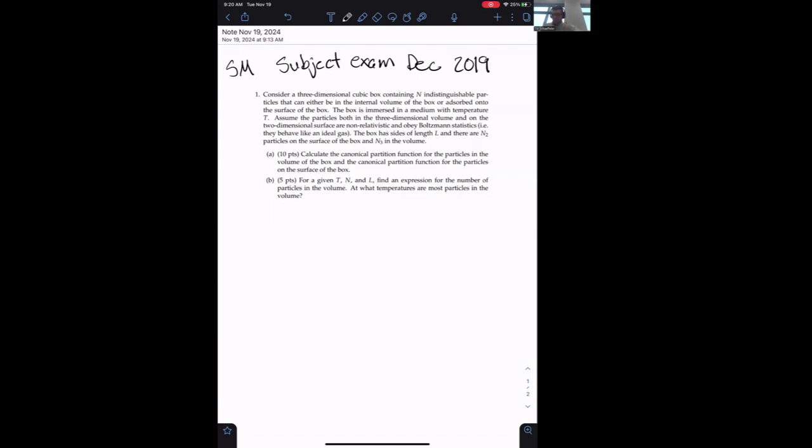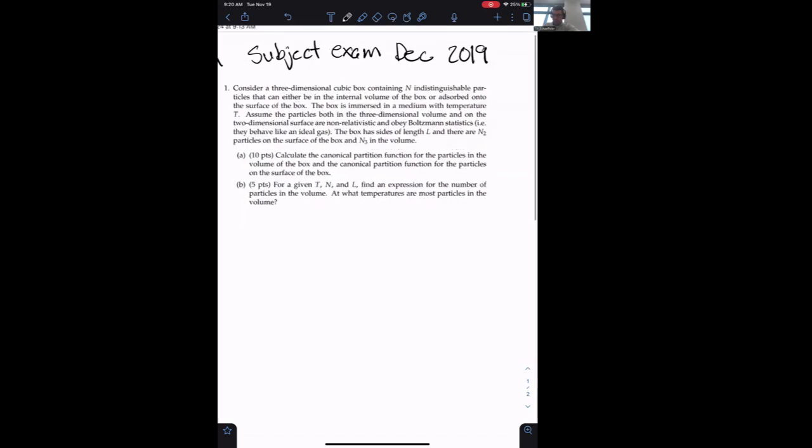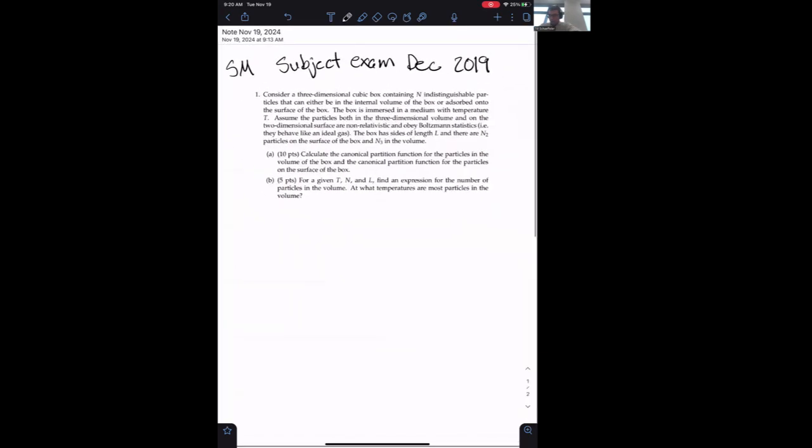So let's go ahead and get started. Consider a three-dimensional cubic box containing N indistinguishable particles that can either be in the internal volume of the box or adsorbed onto the surface of the box.